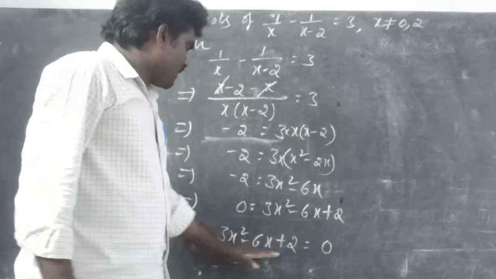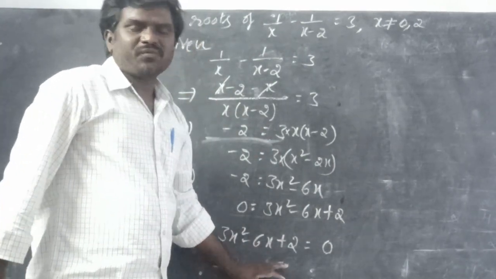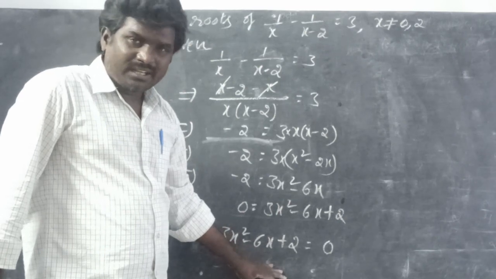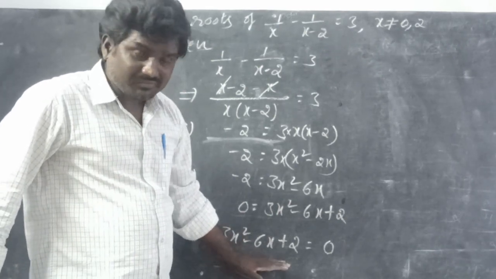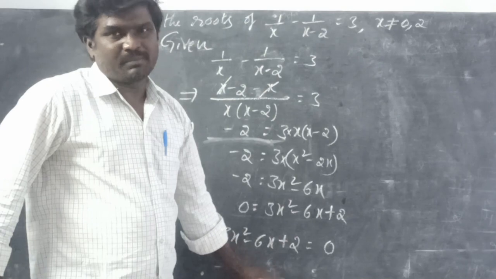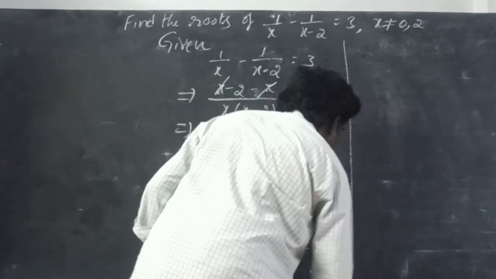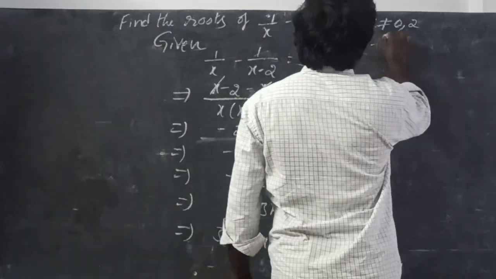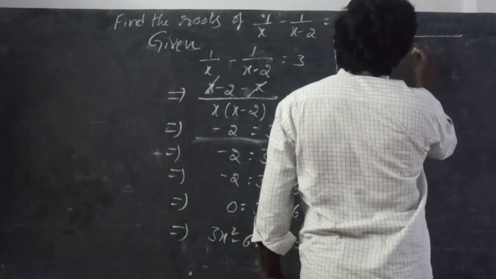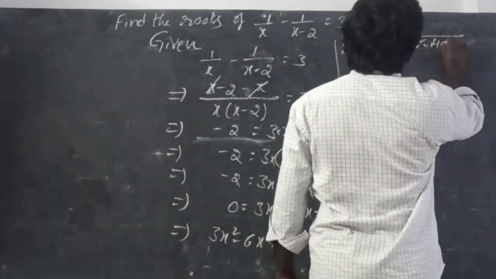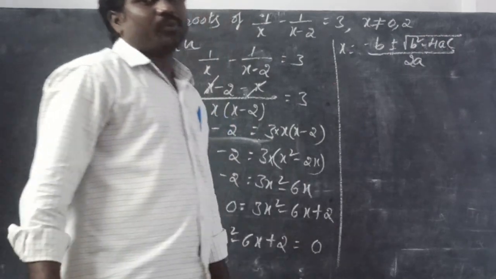Now find the roots of this equation. How to get them? By using the factorization method or the complete square method. So what is the formula? x is equal to minus b plus or minus square root of b square minus 4ac by 2a.